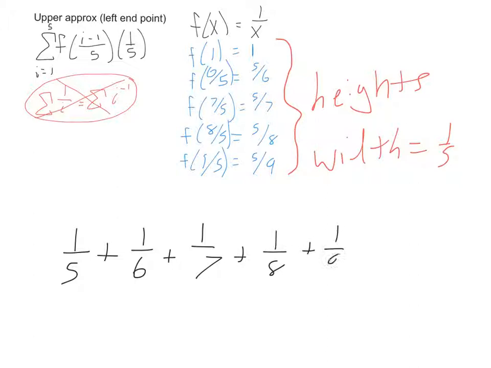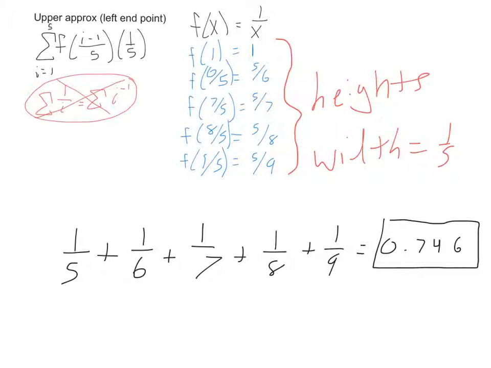Okay, it's kind of cool how that worked out. So if we add all these up, we get 0.746. Okay, and that's my upper approximation. That's the area that's more. It's like more than what I actually deserve.